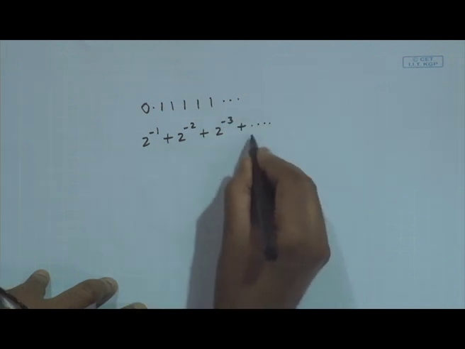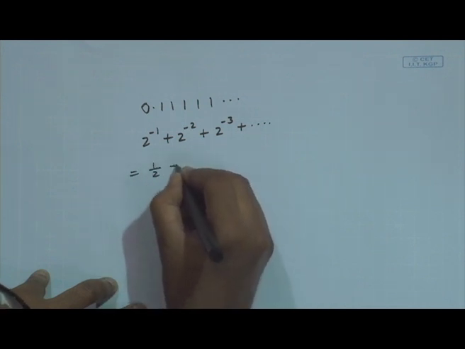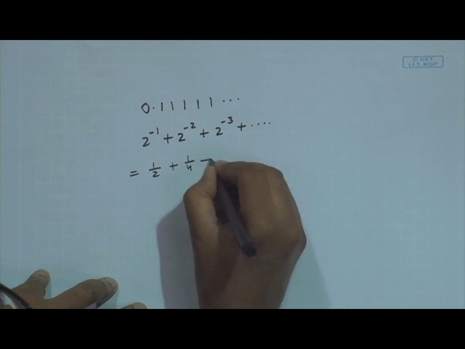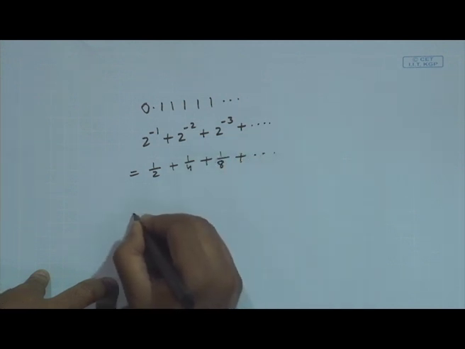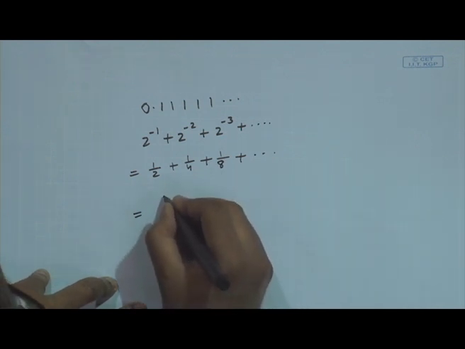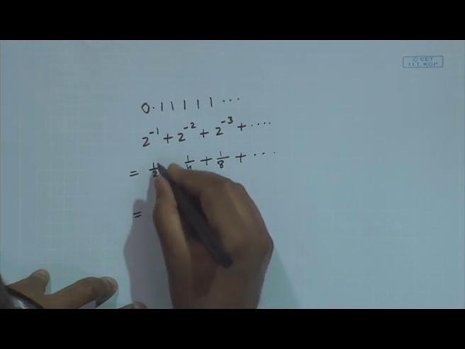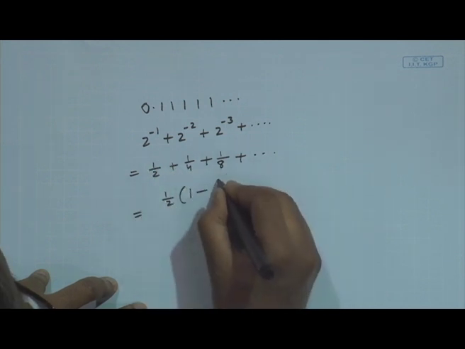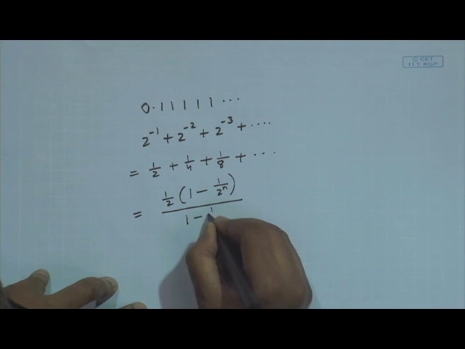You see, this is a GP series. This is actually half plus 1/4 plus 1/8 plus like this. So, if you calculate the sum of this GP series, it is first term into 1 minus common ratio, half, to the power n if it is up to n terms, divided by 1 minus common ratio.